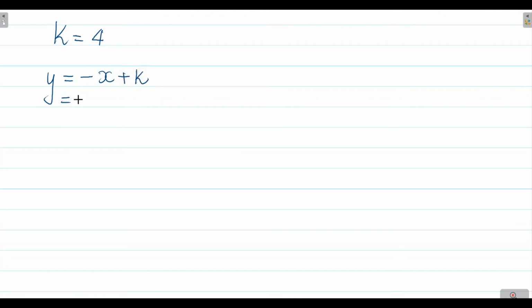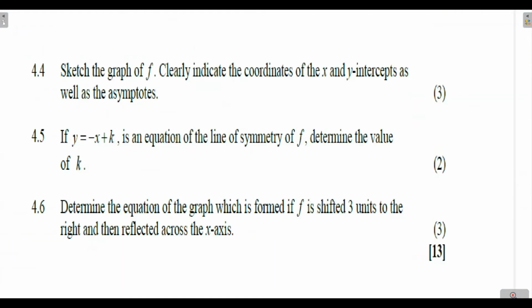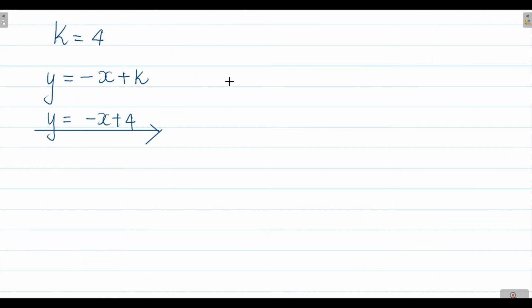But now, since we found the value of k, we are just going to substitute that value into this equation. So minus x plus 4. So that is our equation for our axis of symmetry, or the line of symmetry of this hyperbola. So in other words, our k, because they just wanted the value of k, is equal to 4.